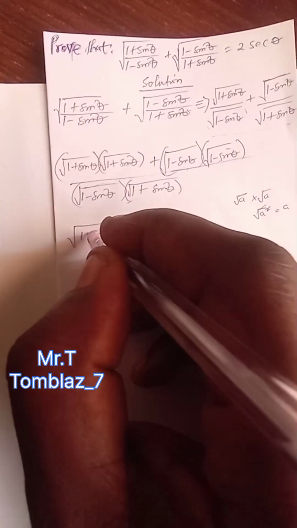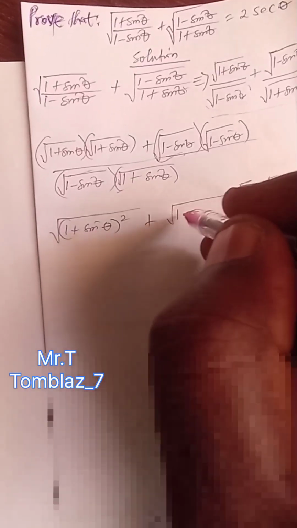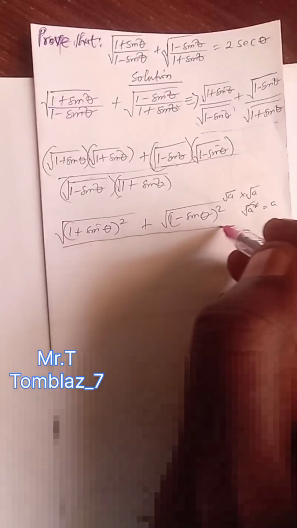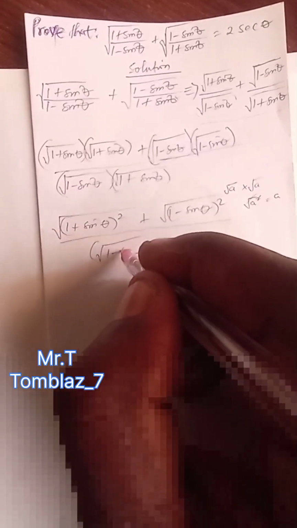So this is going to be (1 plus sine theta) all squared, then plus the square root of (1 minus sine theta) all squared, all over. Let's keep the denominator first. We'll handle that one later.